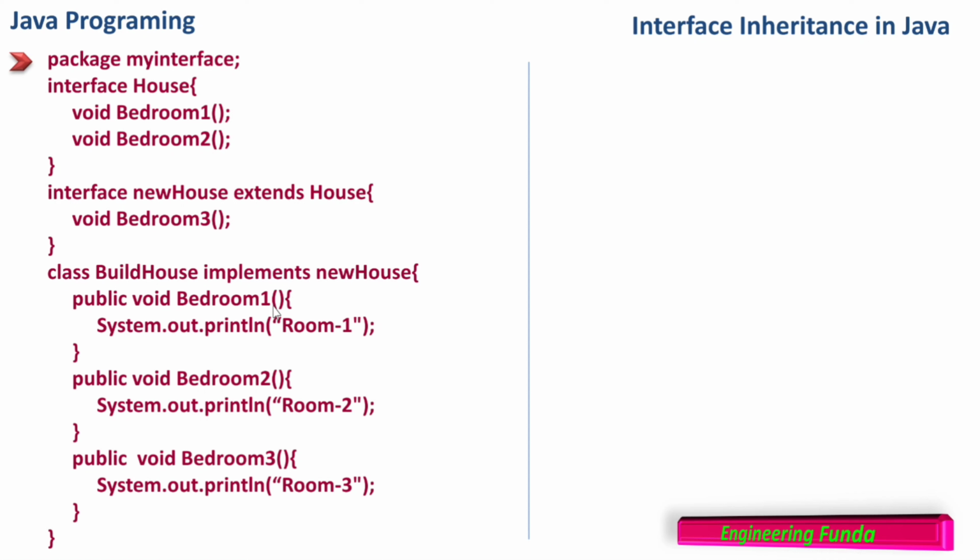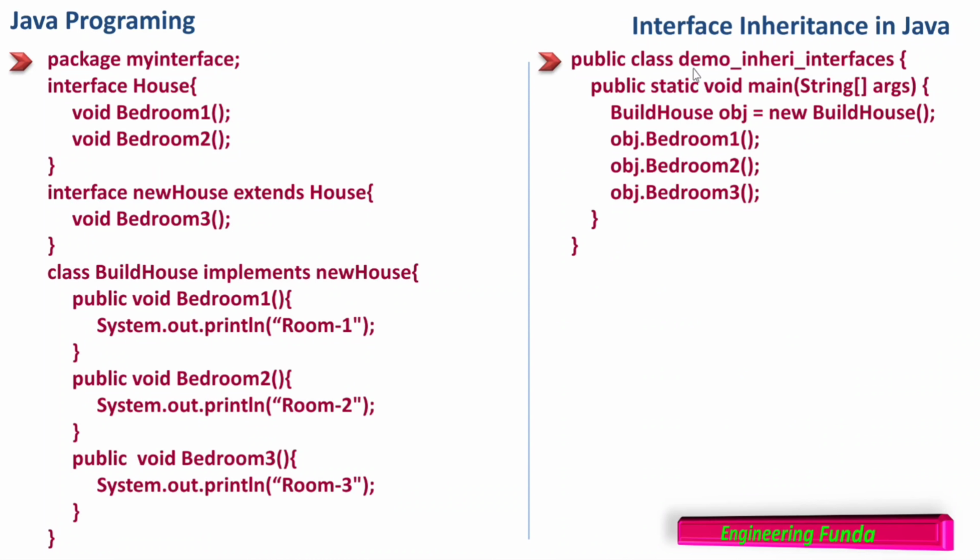In the class BuildHouse, we have written three methods, bedroom 1, 2 and 3. We know that this class has to write the implementation of all the member methods of the interfaces. So bedroom 1 has a print statement of room 1, then bedroom 2 has a print statement of room 2, and bedroom 3 has a print statement of room 3.